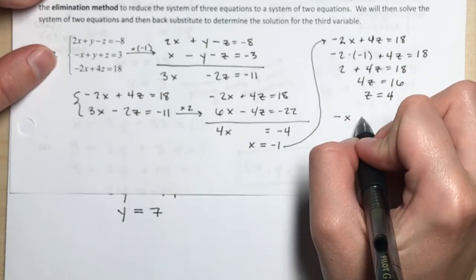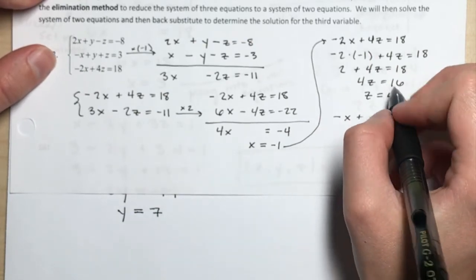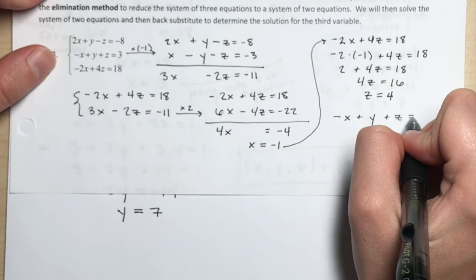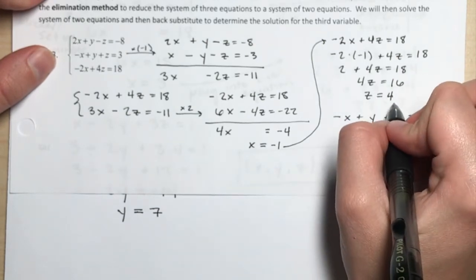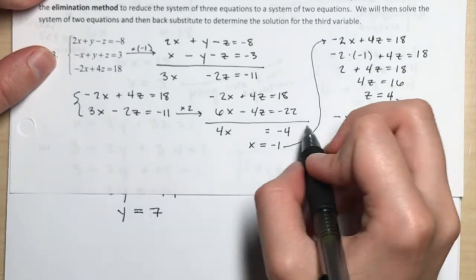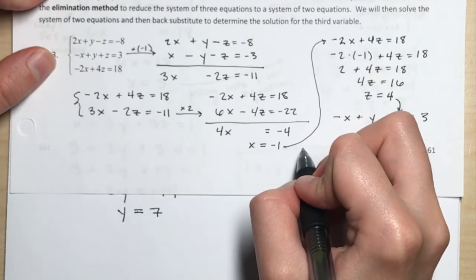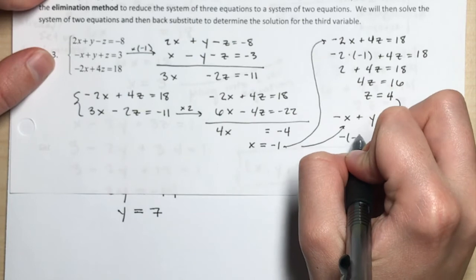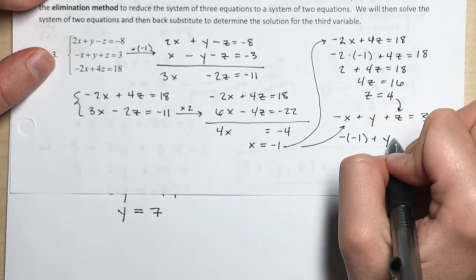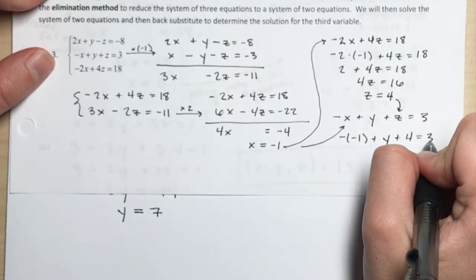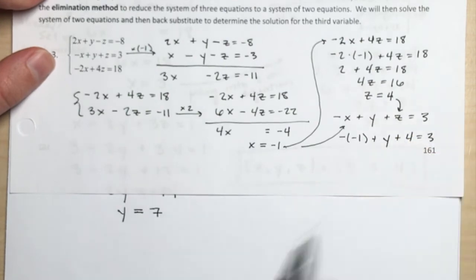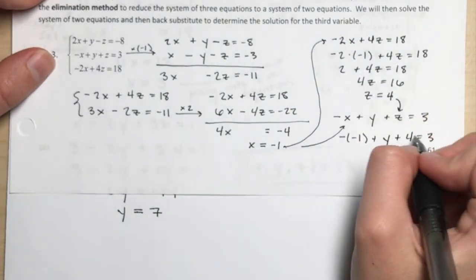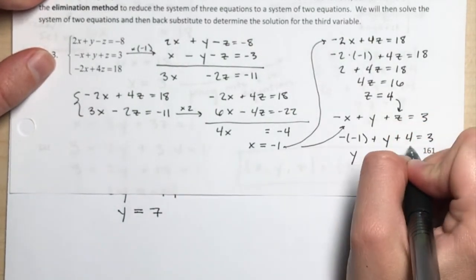So negative x plus y plus z equals 3. We want this guy to come in here. We want this guy to come in here. We've got negative 1 plus y plus 4 equals 3. Negative 1 is just positive 1, so we've got y.